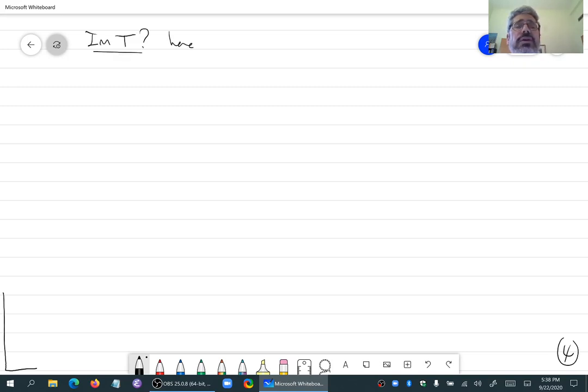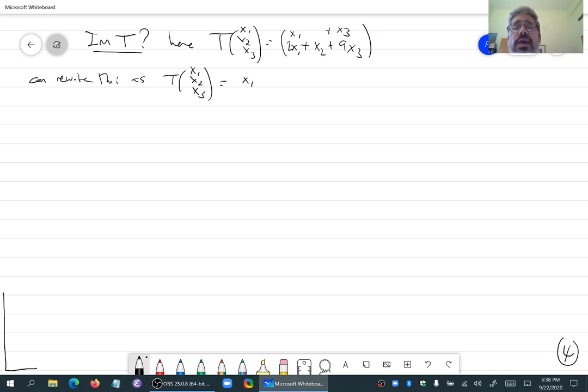Image T, so here, T of x1, x2, x3, remember, was x1 plus x3. Notice how I write things in a way that's aligned, so it's easy to see what's happening. 2x1 plus x2 plus 9x3. And let's rewrite this as T of x1, x2, x3 equals x1 times the vector 1, 2 plus x2 times the vector 0, 1 plus x3 times the vector 1, 9.